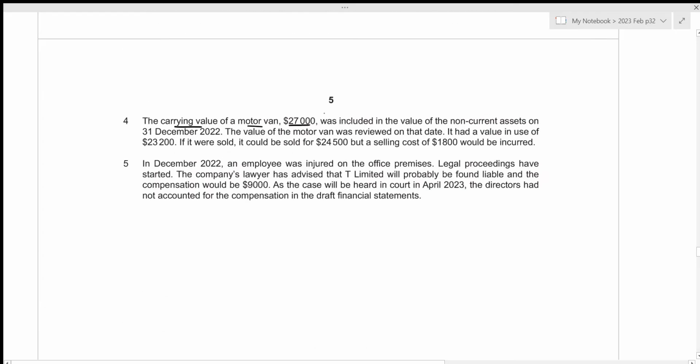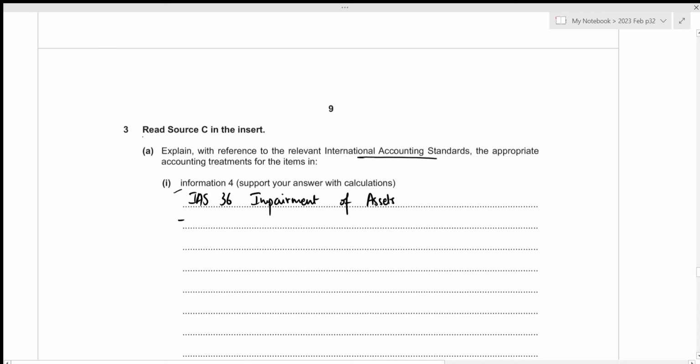Then we're given the carrying value of 27,000 was included in the value of the non-current assets on 31st December 2022. The value of motor van was reviewed on that date and it had a value in use of 23,200. Okay, so let's write down our carrying value of 27,000 and the value in use of 23,200.